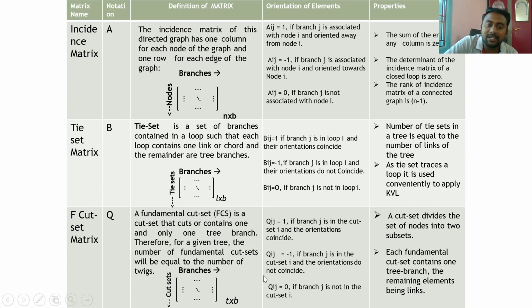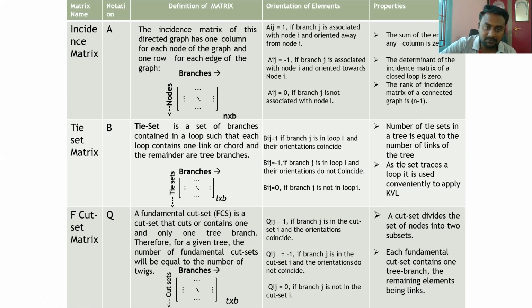Similarly, the twig direction and the cut set direction must be the same: +1 for the same direction, -1 for the opposite direction, and 0 if there is no relation. The cut set divides the set of nodes into two subsets, and each fundamental cut set contains only one tree branch, that is one twig. Remaining elements are the links. So these are all the things which we learned so far.